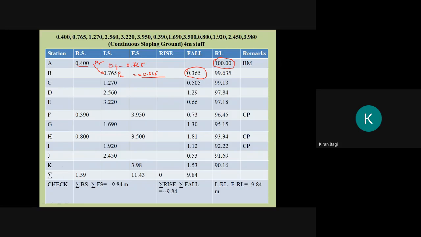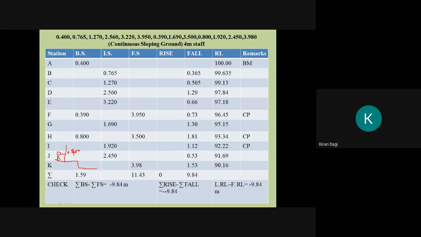Okay, how to visualize this one? Very simple. See, this is my ground level. I have kept my instrument here. So when I take the reading at the upper level, the reading will be 0.2. I will go for this one, 0.400. I have got the reading.